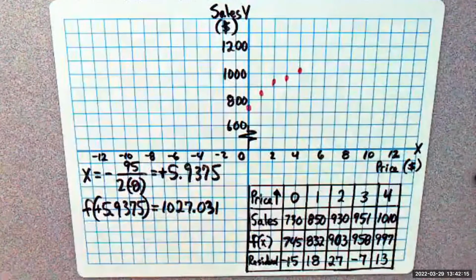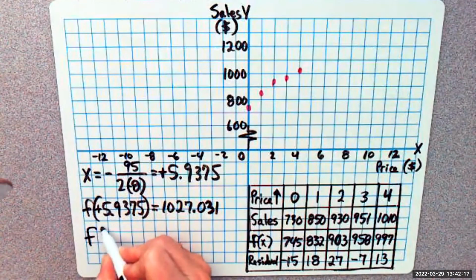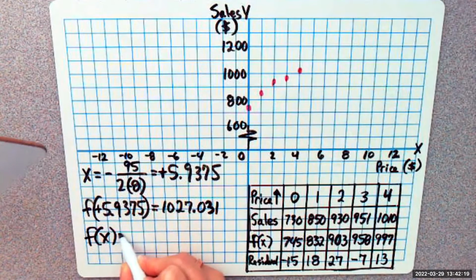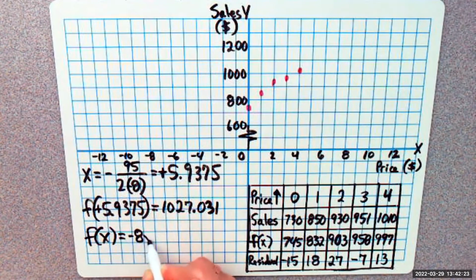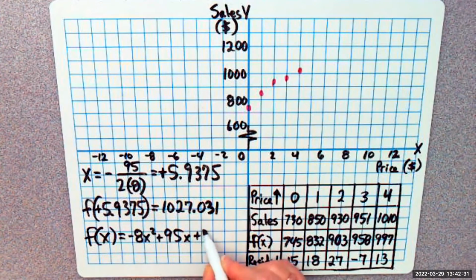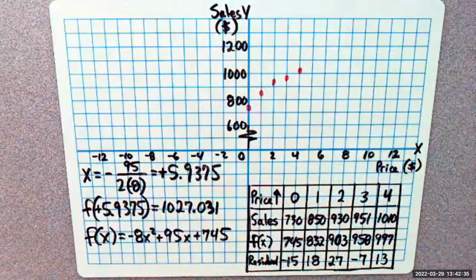I should write that down: f of x equals negative 8x squared plus 95x, and then plus 745. So let's graph that one pretty quickly, and we'll take a look at the residuals.